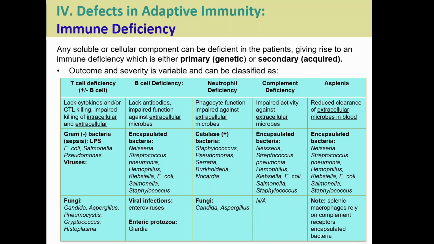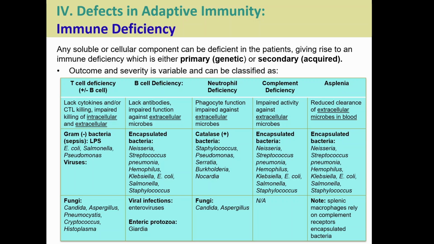So if we have a T cell deficiency, we are not producing cytokines, or we don't have cytotoxic T cells, so we're not doing a very good job at killing both intracellular and extracellular pathogens.